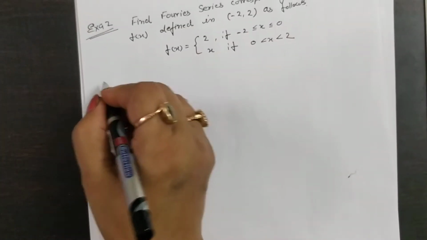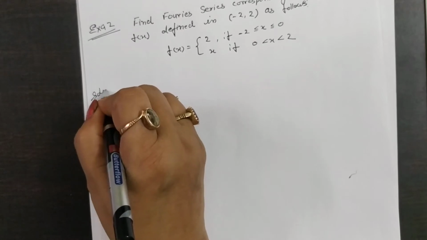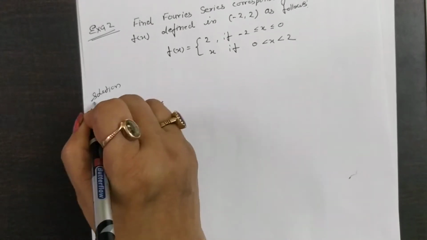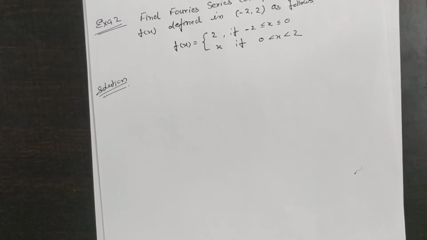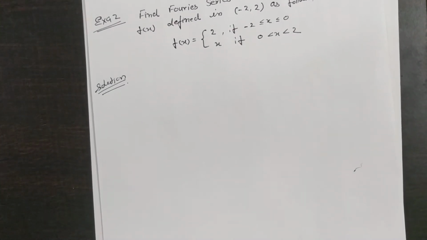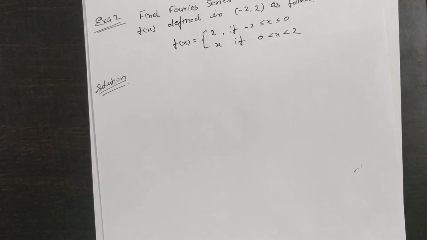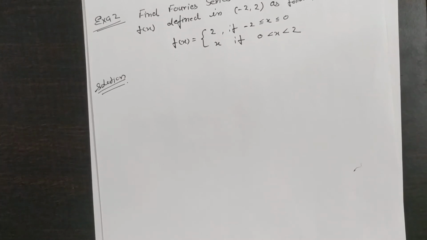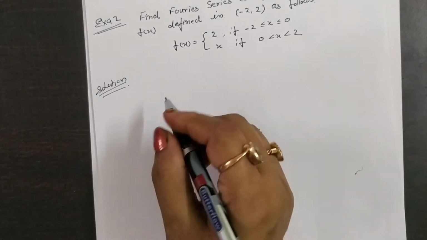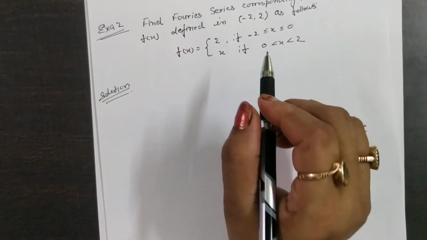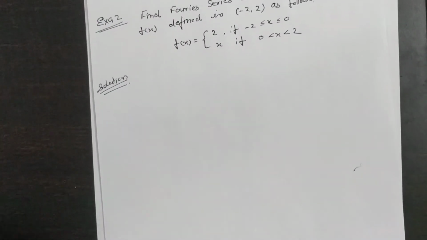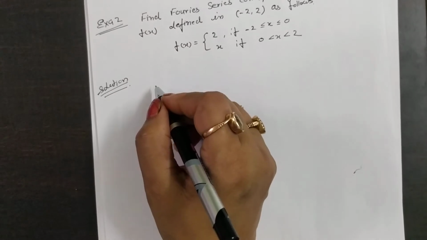The solution of this example: earlier I defined the result for the range minus L to L, so we use that property now.